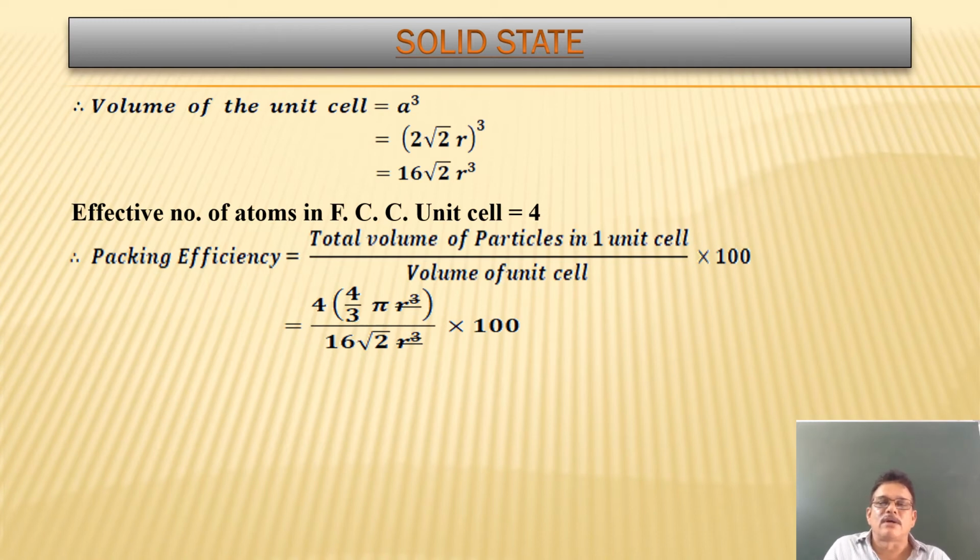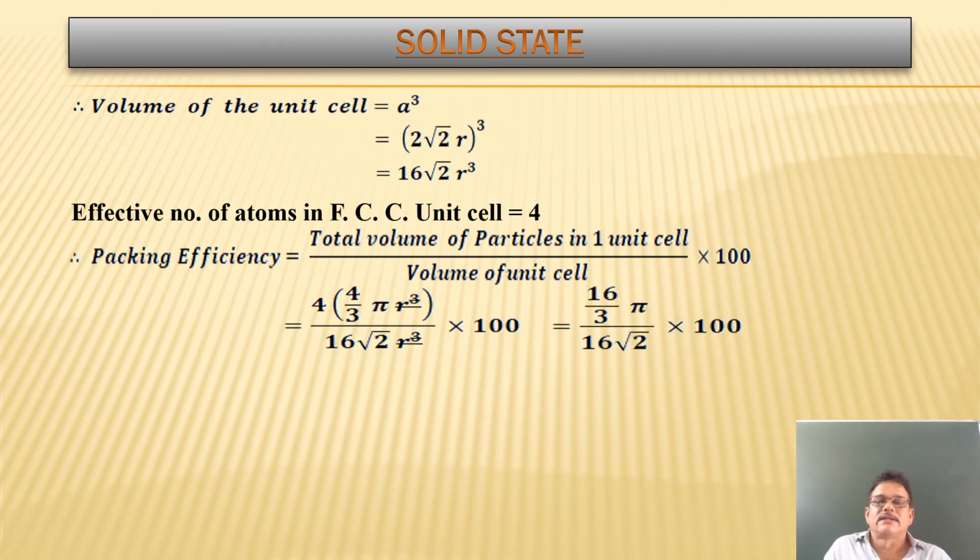So total volume of the particles in one FCC unit cell is 4 into 4 by 3 pi r cube, and total volume of the unit cell is 16 root 2 r cube, into 100. r cube cancels out.